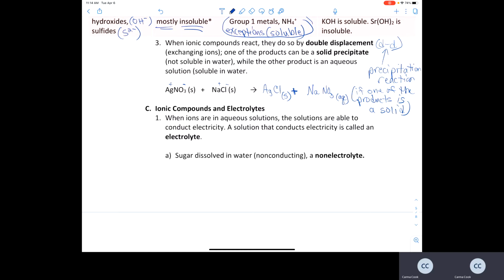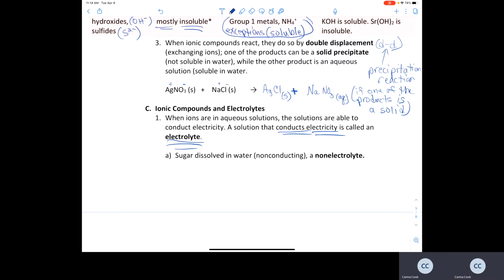Ionic compounds are called salts. They are also called electrolytes because they're able to form a solution when they dissolve in water. Their ions separate, those ions get dissolved in the water, and those ions are free to move. So in being free to move, those ions have the ability to conduct an electrical current. So ionic compounds are electrolytes.